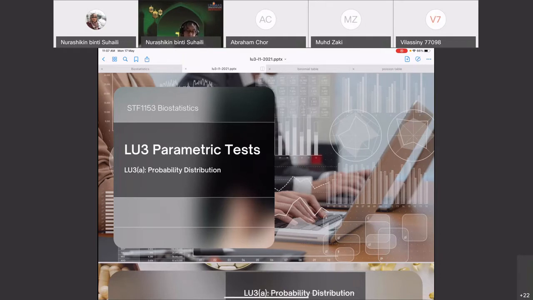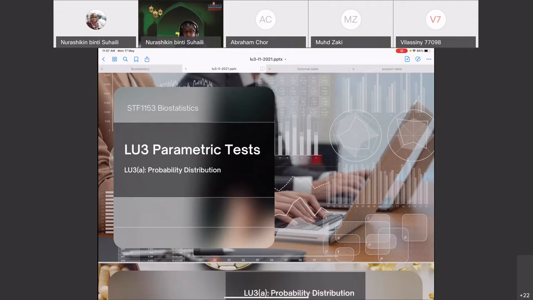Parametric data are those that, first, can be more in number, a big size of data. Another one is that the distribution can be assumed.